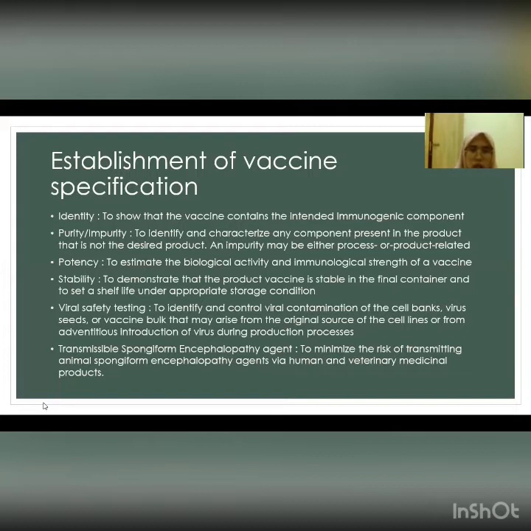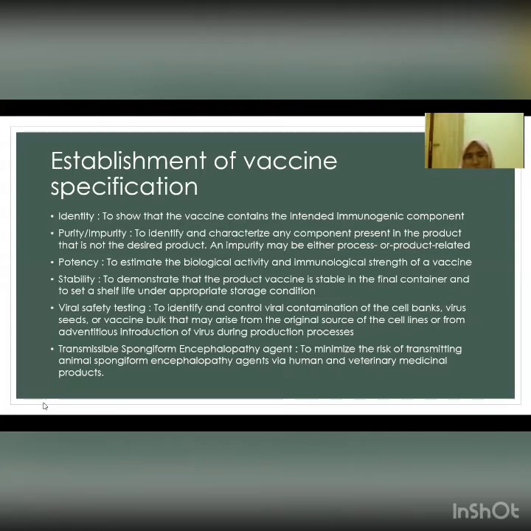An impurity may be either process- or product-related. Number three is potency. This is to estimate the biological activity and immunological strength of a vaccine. And number four is stability, to demonstrate that the vaccine product is stable in the final container and to set the shelf life under appropriate storage conditions.